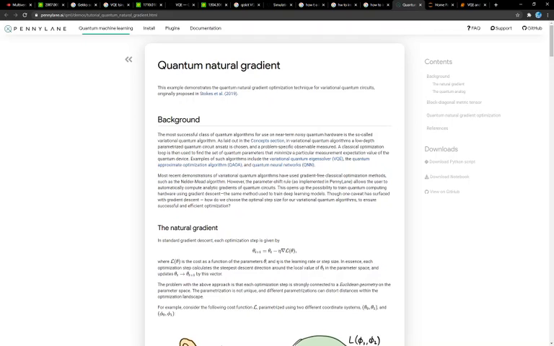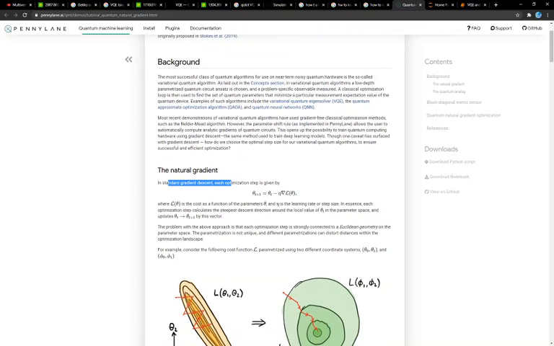VQE, the natural gradient. So in standard gradient descent, each optimization step is given by where this fancy thing is a cost as a function of the parameter theta, and this is the learning rate or step size.